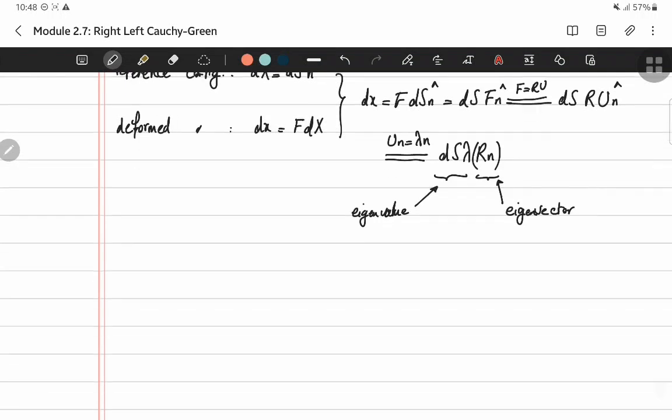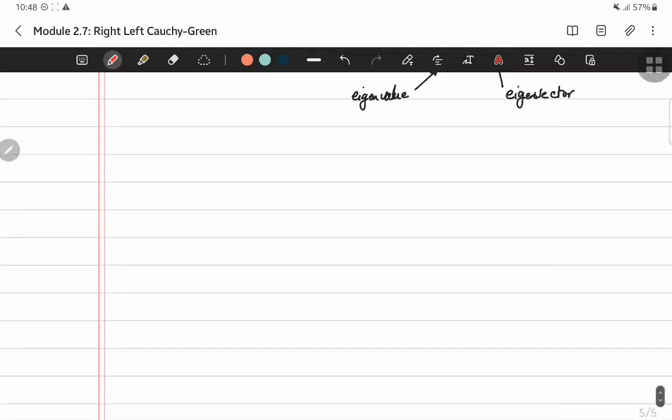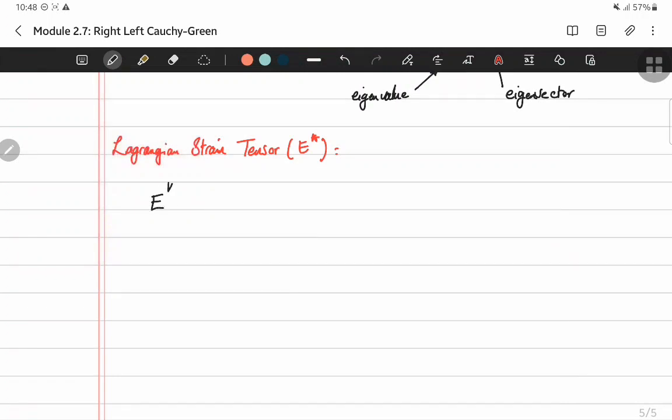All right. Now, let's get to the Lagrangian strain tensor. We already got to know this E star, which included a linear part and a nonlinear part.